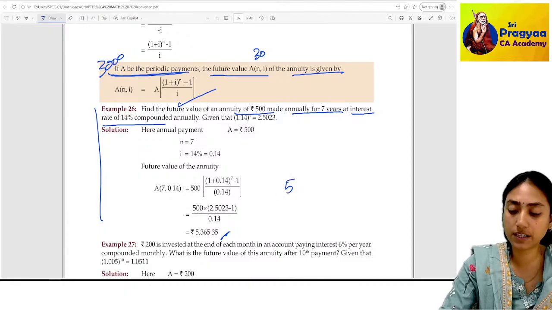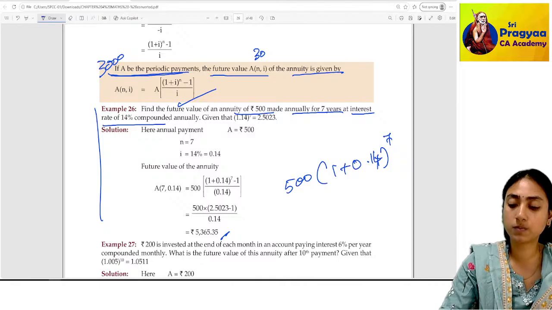இல்லடா, ஜஸ்ட் இப்போ 500 into 1 plus இது பண்ணா என்ன வேல்யூ வரும்?